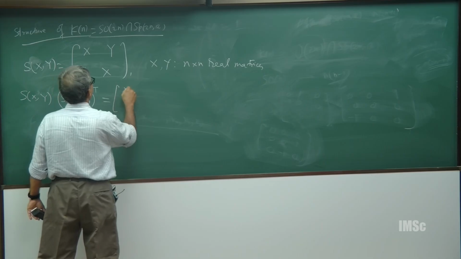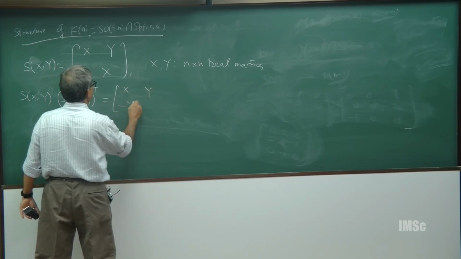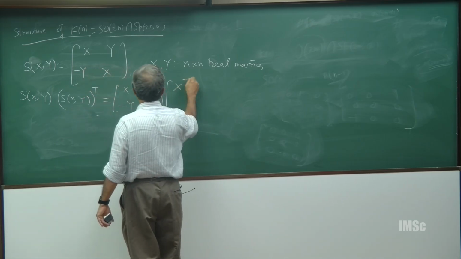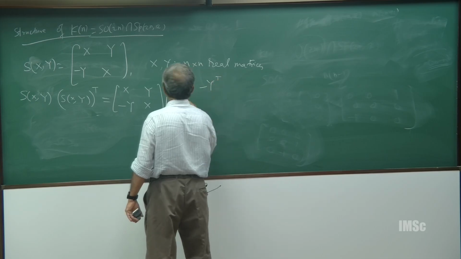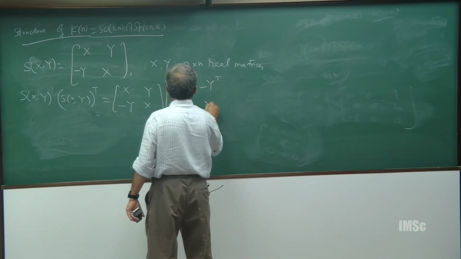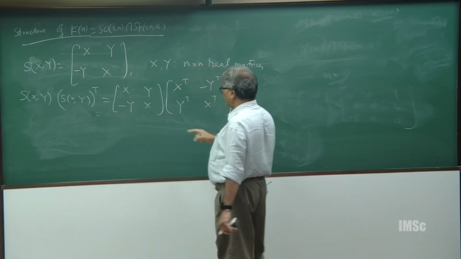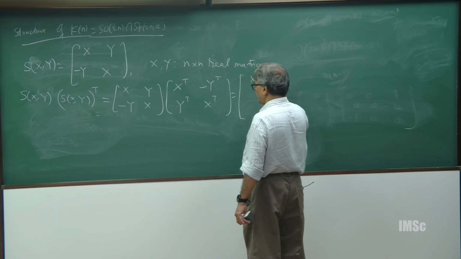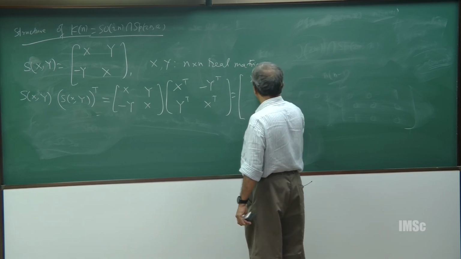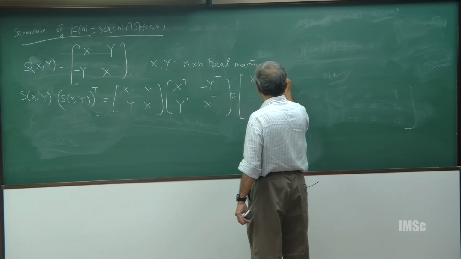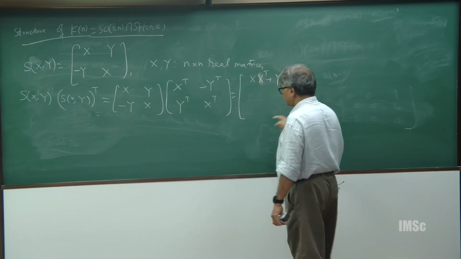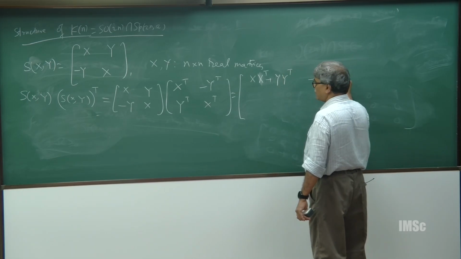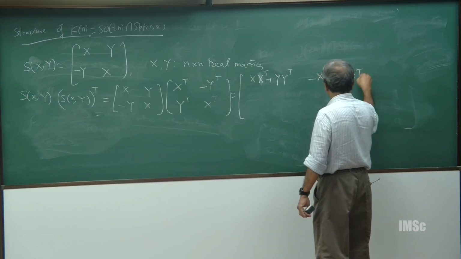This is x y minus y x, and this will be x transpose minus y transpose, then y transpose x transpose, and this will be your x y transpose x transpose plus y transpose, and this entry is minus x y transpose plus y x transpose.